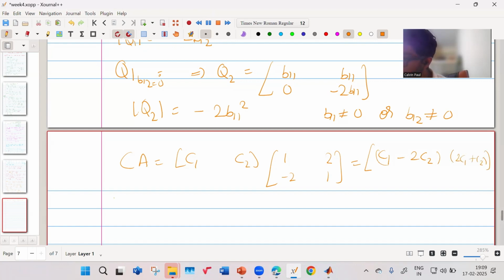Okay, so the matrix P, the observability matrix, is C and CA, that is equal to [C1, C2; C1 minus 2C2, 2C1 plus C2].